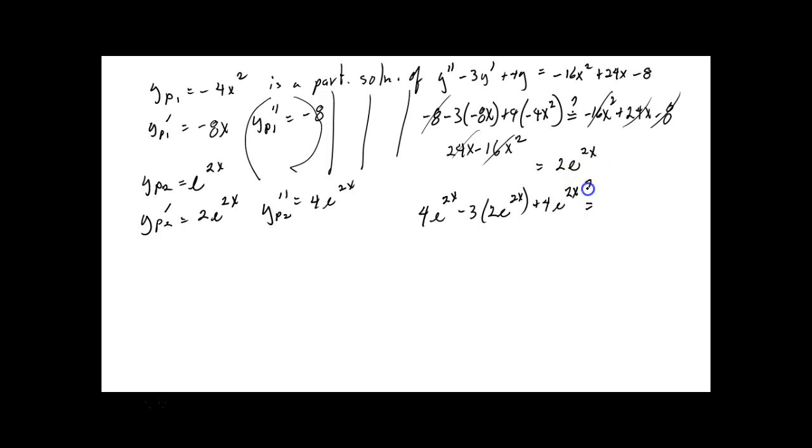That's supposedly equal to 2e to the 2x, the right-hand side here. So let's see what we've got. 4e to the 2x minus 6e to the 2x plus 4e to the 2x. Well, 4 and 4 is 8, minus 6 is 2e to the 2x. Got it?